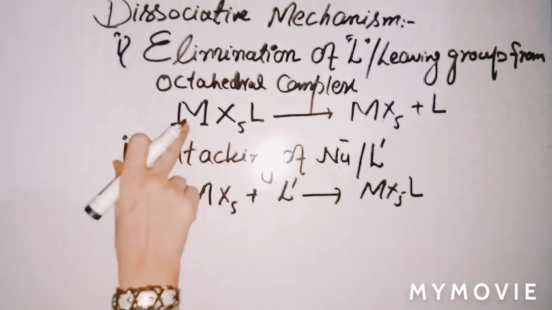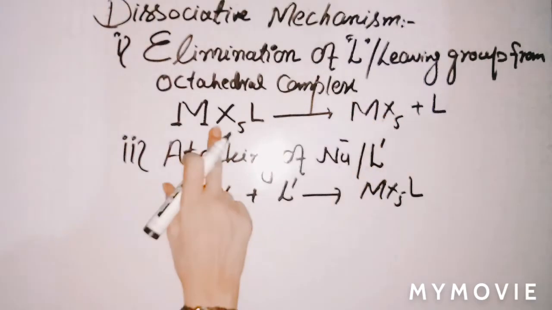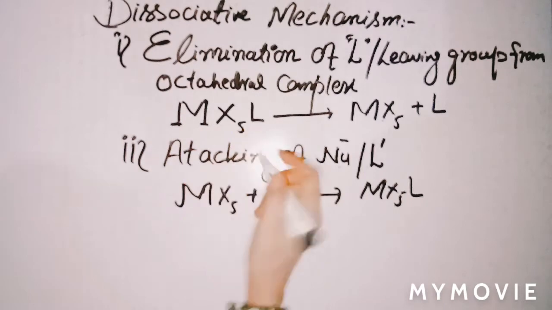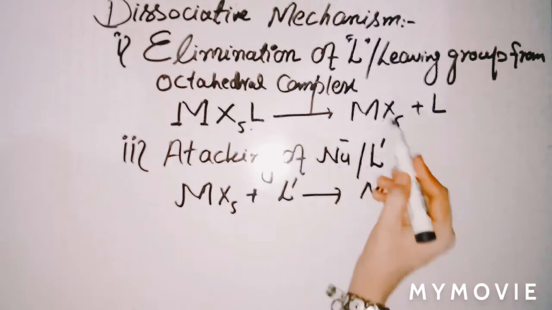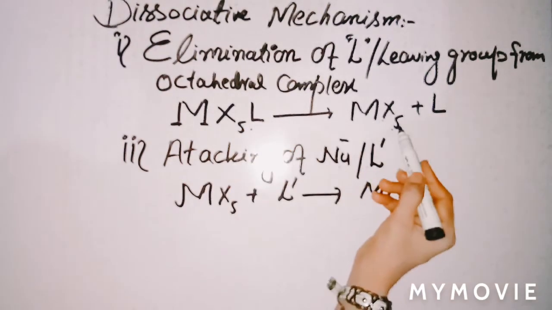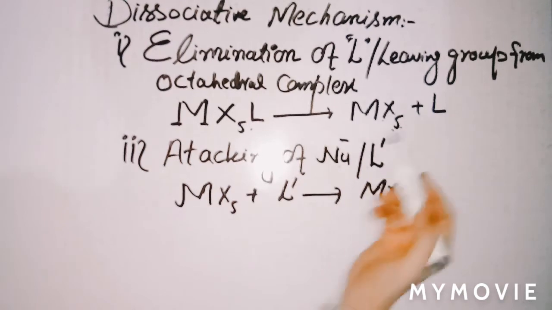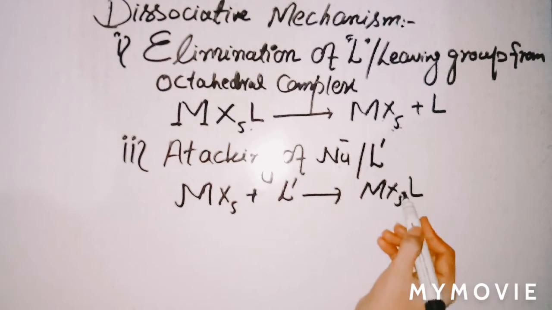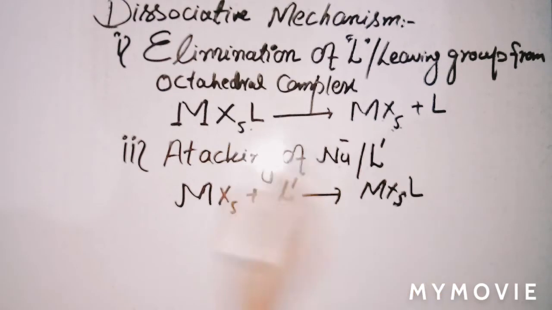In this first step, the coordination number will be decreased. In the reactant, the coordination number is equal to 6, but in the product, the coordination number is equal to 5. In the final product, the coordination number will be equal to 6 and the octahedral geometry will be satisfied in both cases.